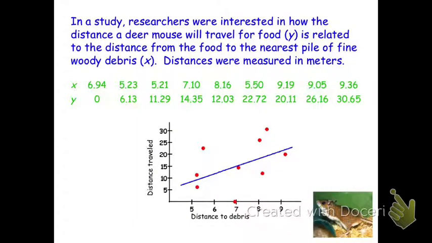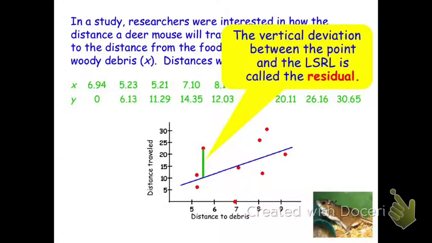Here is the scatter plot, and I have drawn in the least squares regression line. The vertical deviation we call the residual. Any points above the regression line are going to be positive, and any below are going to be negative. The formula for residual is observed or actual minus predicted.